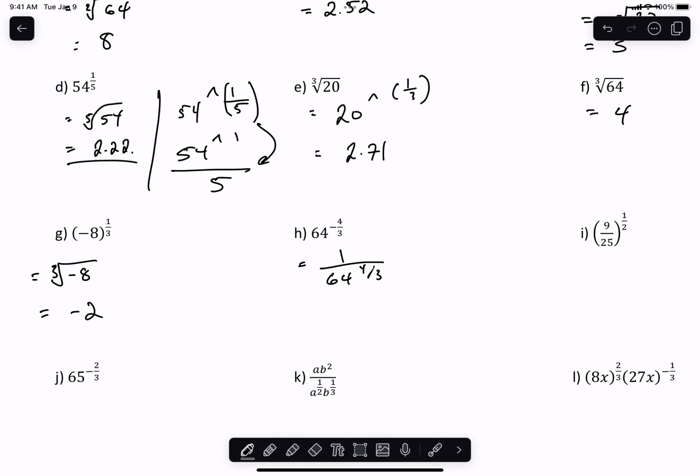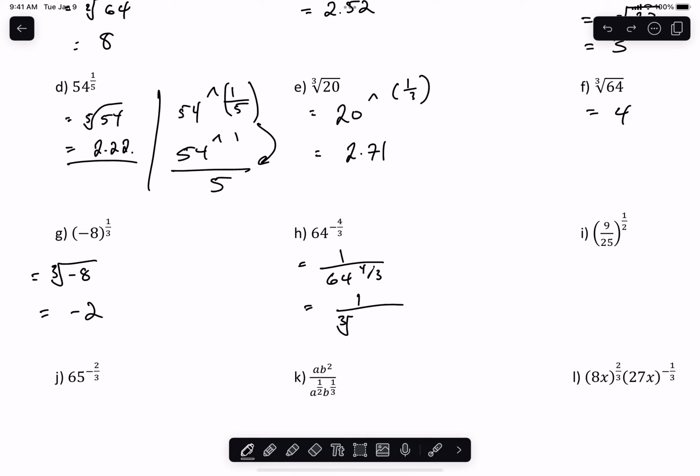It's not just 1 over something anymore, is it? It's 4 over 3. This is where you're going to start to get a little bit confused. But just always remember, whatever number is in the denominator of the rational exponent goes where? In the hook. It's an easy way to remember it. Whatever's in the bottom, just grab and put in the hook, right? So I'm going to get 1 over the cubed root of 64 to the power of 4.